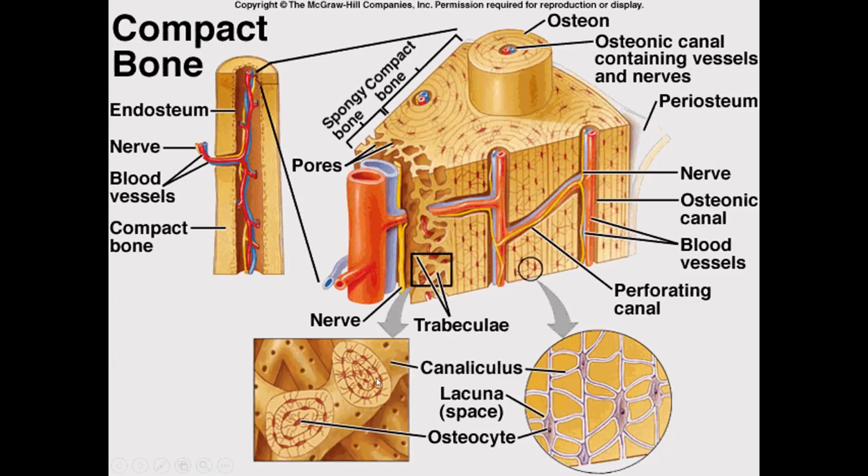We have a similar arrangement in the spongy bone. We look over here in the trabeculae, we still see lacunae with osteocytes contained within. We have the little canals in there, and they're communicating with all the other bone cells in there too. And they're going to monitor stress and torsion and twist and pressure, and they're going to respond to that.